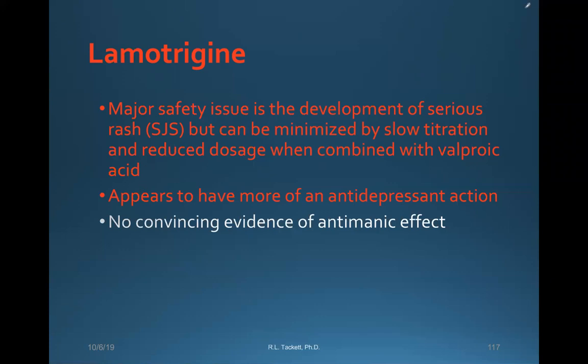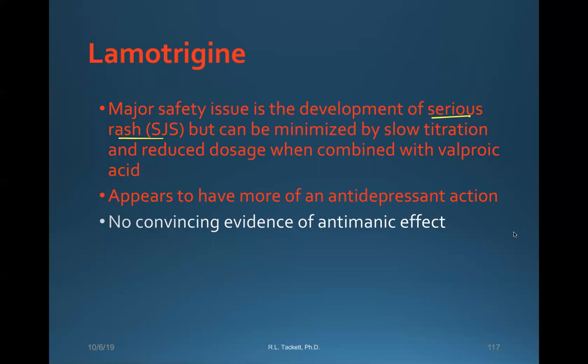The major issue with Lamictal that has emerged is serious skin conditions, rash. The black box warning talks about this: you need to slowly titrate the dose up, and if you're combining it with valproic acid, you need to reduce the dosage. The biggest thing I've seen in med-mal cases where people have developed Stevens-Johnson syndrome is individuals who escalated the dosage quicker than what's been recommended.